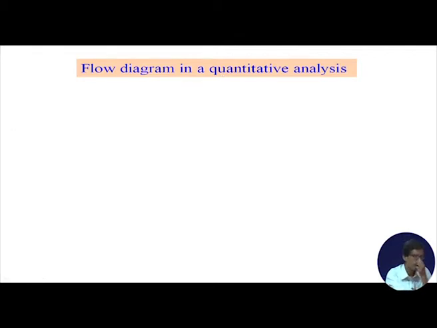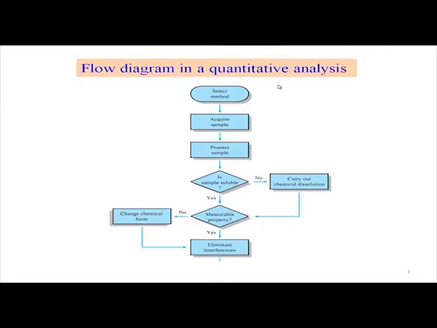So, the technique is that you have a quantitative analytical method and how we can proceed from a particular step to the next. If we can have a method, the first thing is that we have to select a particular method. At that particular methodology we must focus our attention on what particular method we will be utilizing to analyze this unknown sample.